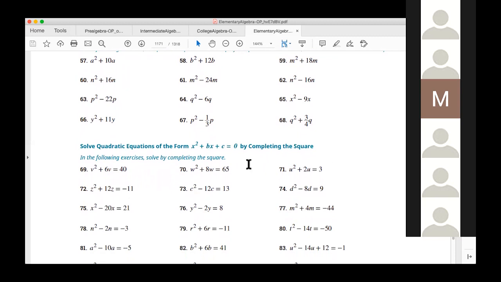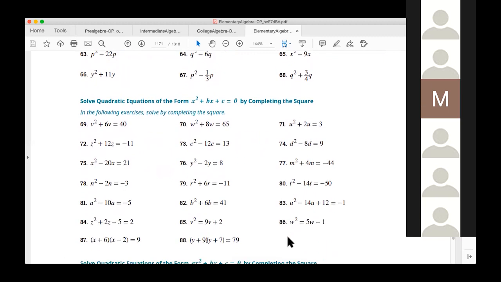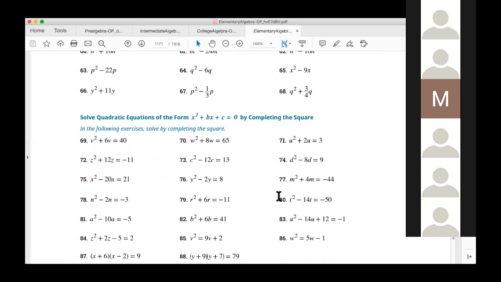Let's try one together. Because tomorrow you don't have class online, you can work on these exercises down here to 80. I think it's good enough. It's a few hours already.